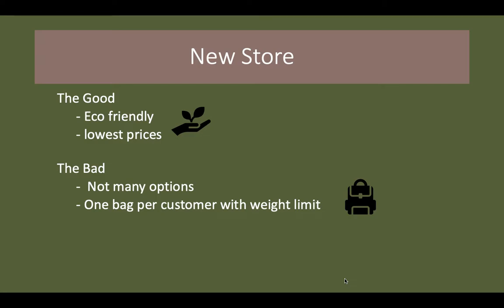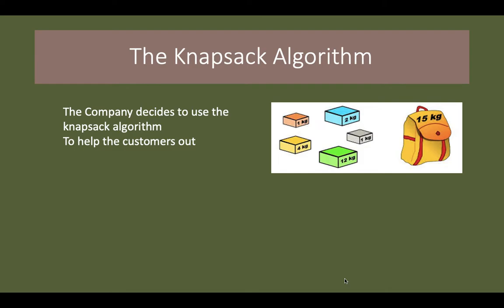So the company decides to help out the customers a bit, and they decide to use the Knapsack Dynamic Programming algorithm to help the customers get the best value for their dollar.